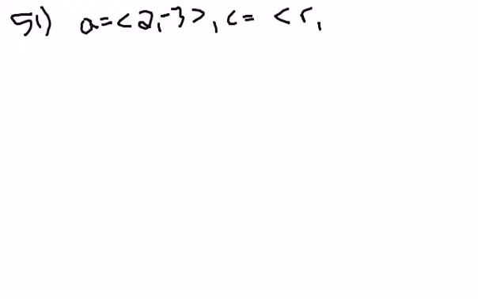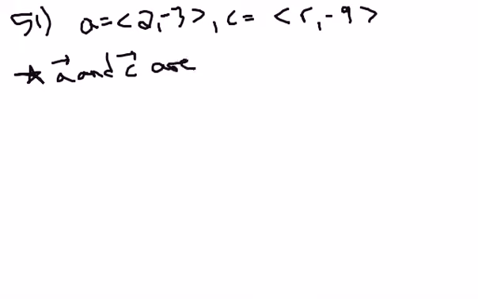Let's look at 51. So 51 is kind of interesting. It says find the value of r such that the vectors a and c are parallel. So let me write the vectors a and c again. They leave the first component of c as some arbitrary number r, and we want to find r so that a and c are parallel. So I'm going to make a little note here: a and c are parallel.